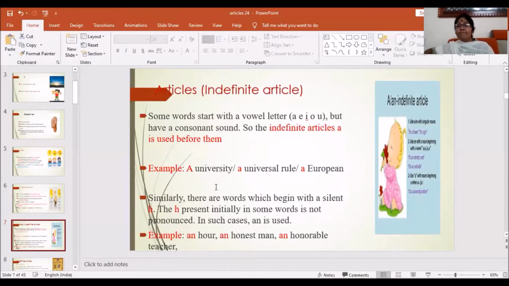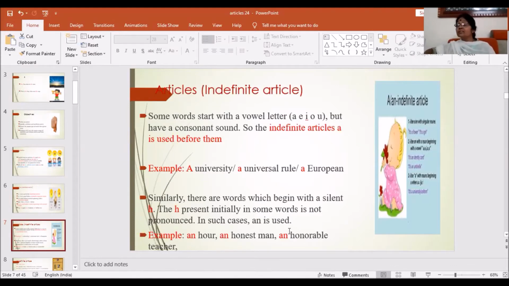Similarly, there are words which begin with a silent letter H, where the H is not pronounced. So in such cases, an is used. Otherwise, H is a consonant and we have to use a. But look at this, an honest man, an honorable teacher.